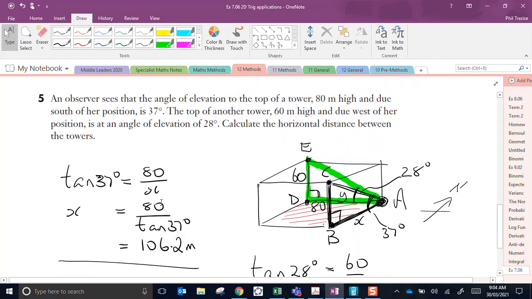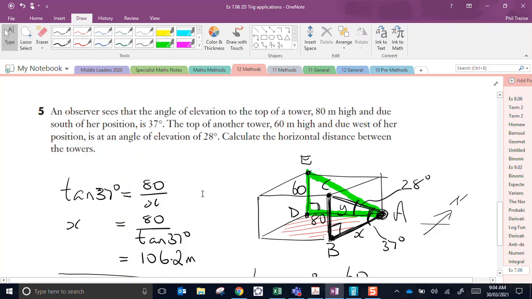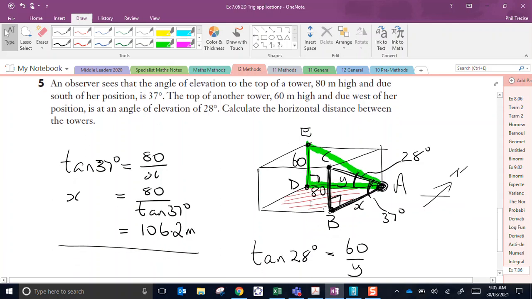Now the question asked us to calculate the horizontal distance between the towers. So the horizontal distance between the towers would be from point D to point B across the ground. If I just put a line across there in yellow.